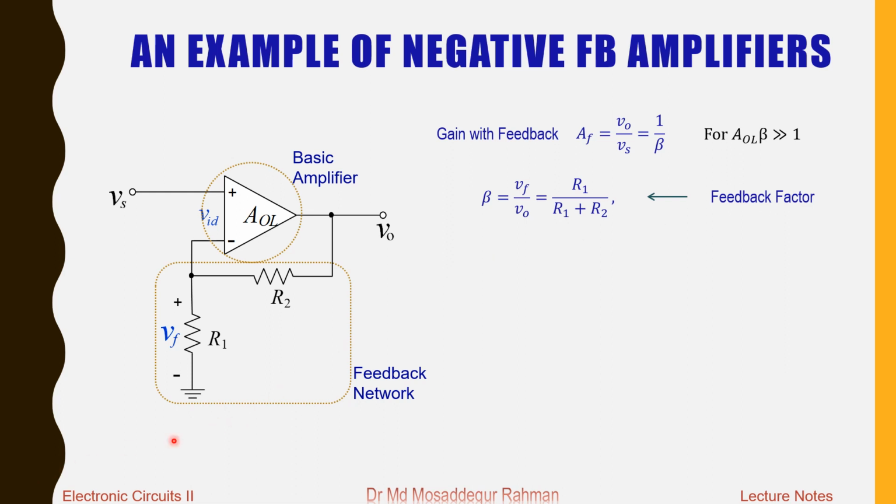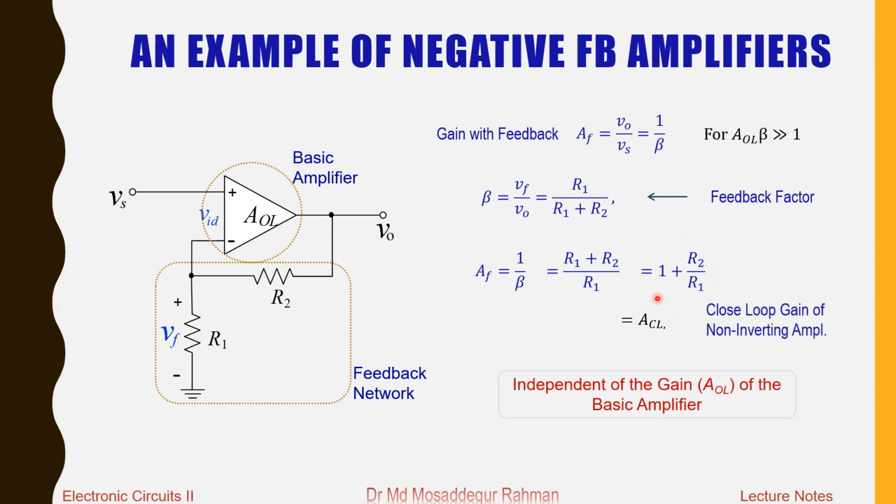Now, the gain with feedback AF is 1 over beta, the inverse of beta. So you take the inverse of this, and then we can express it like this: 1 plus R2 by R1. And this is our well-known closed loop gain expression for the non-inverting amplifier.